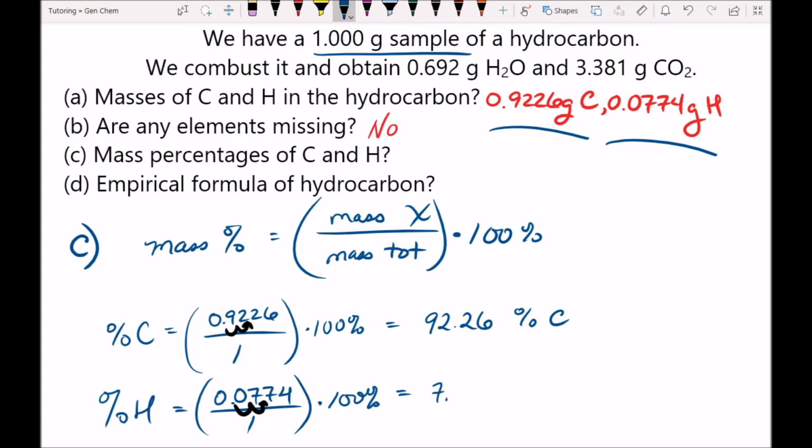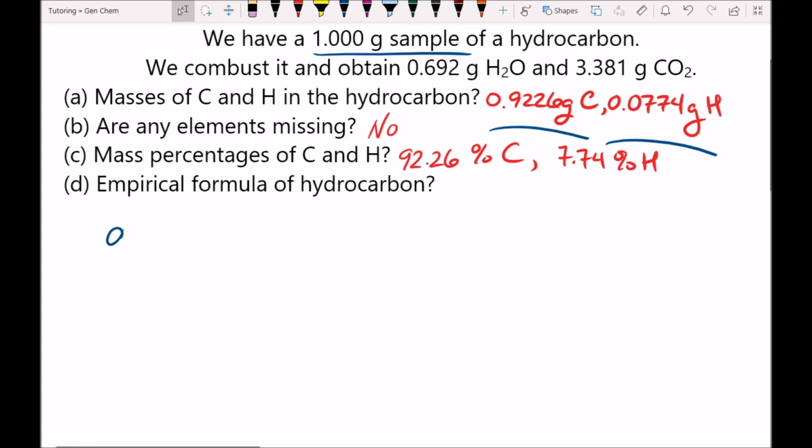So that gives us 7.74% hydrogen. So our mass percentages for C and H, 92.26% carbon and 7.74% hydrogen.